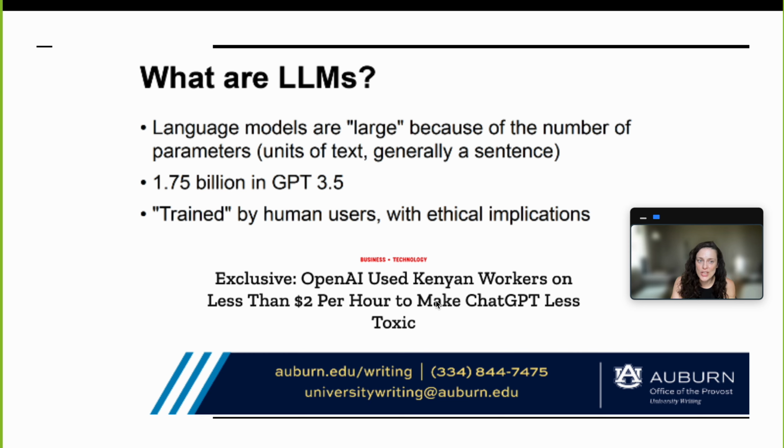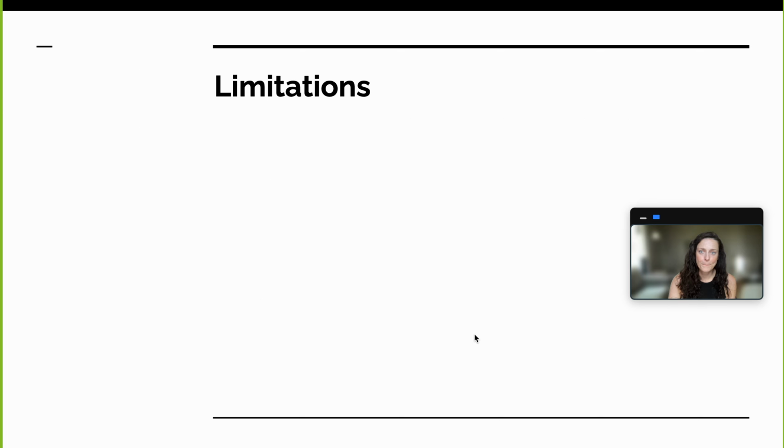In particular, they turned to Kenyan workers who made a very small amount of money, though relatively large for their particular region. Nevertheless, they did not provide mental health services for these people who were reviewing extremely dark material, and the Kenyan workers cut the contract early. They were not able to finish in a healthy way.